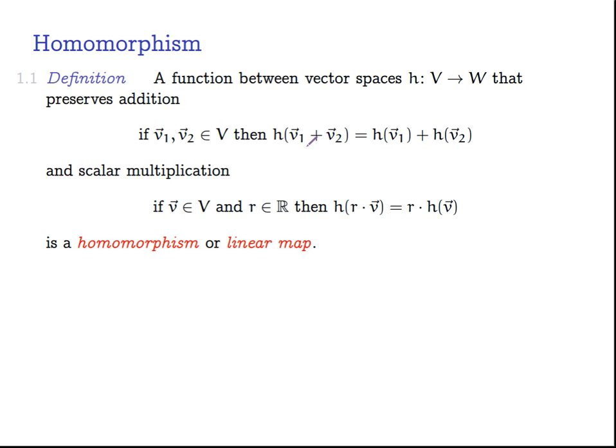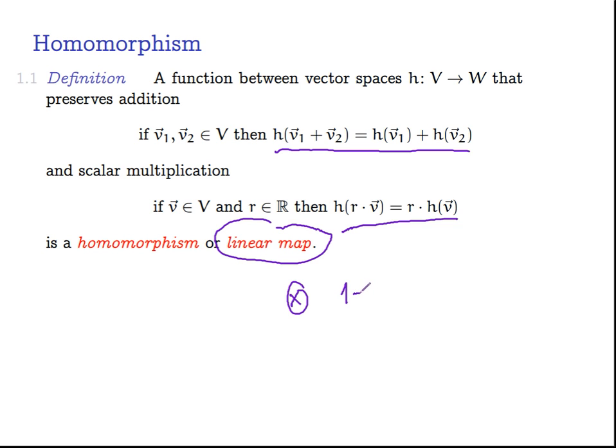Okay, now it has the same linearity properties that an isomorphism does. These two properties are called the properties that characterize a linear map. Now, two properties that it doesn't have, that an isomorphism has, is it's not necessarily one-to-one, and it's not necessarily onto.